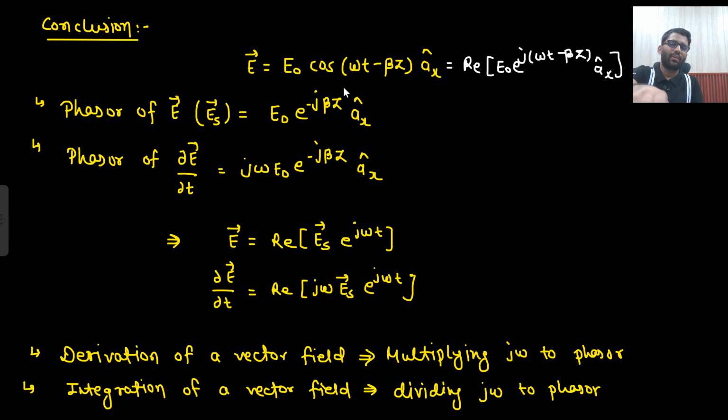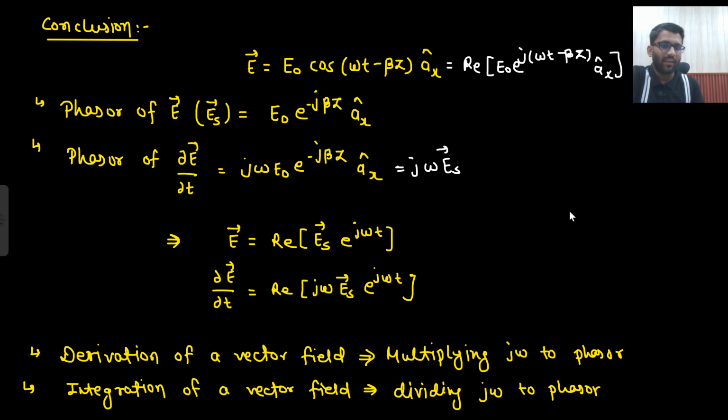So what I will get is E naught e to the power minus j beta z a_x cap. That is the phasor. What will be the phasor of dou E by dou t? Simply multiply by j omega, so it equals j omega Es. If your E is the real part of Es e^(j omega t), then dou E by dou t will be the real part of j omega Es e^(j omega t).